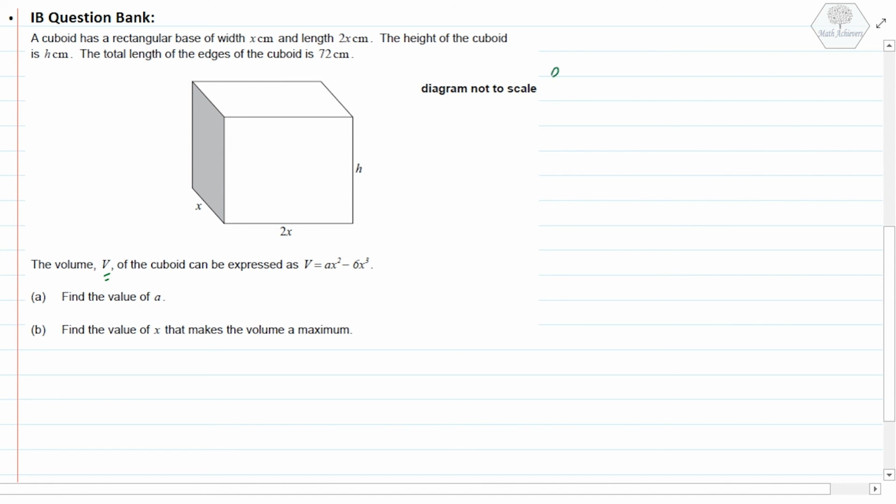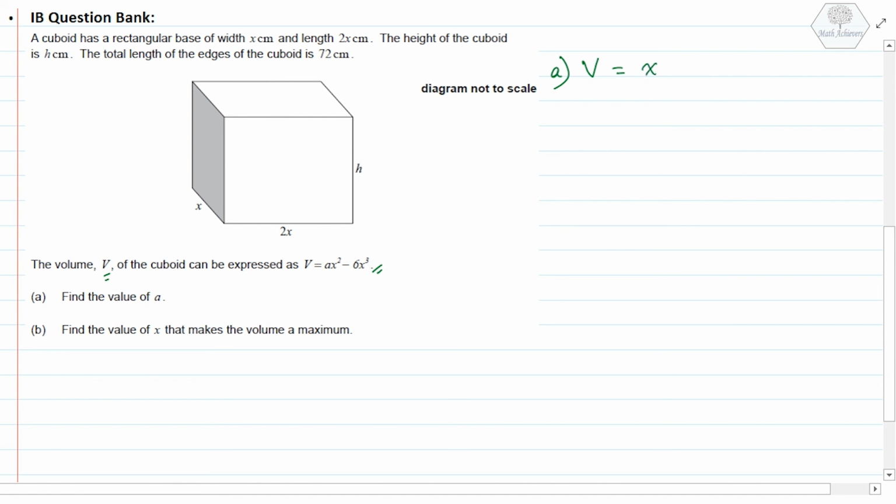So for part A of the question, I need to find the volume in this formula. So now, the volume is simply equal to the length of the base times the width times the height.